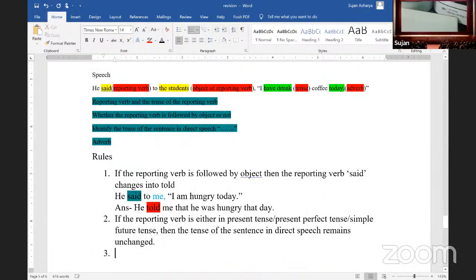Did you understand what this rule says? If the reporting verb is in either present tense, present perfect tense or simple future tense, then the tense of the direct speech remains unchanged.